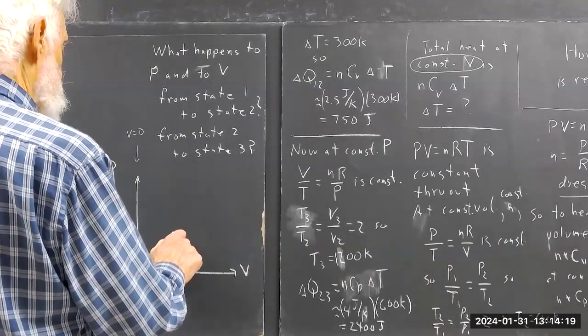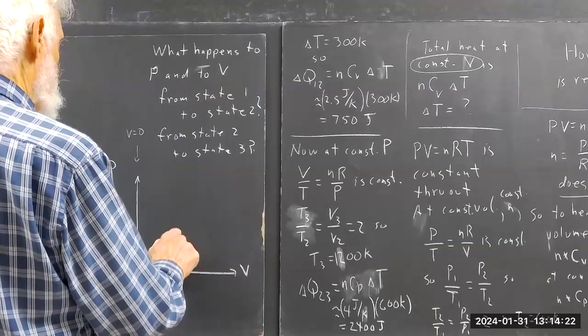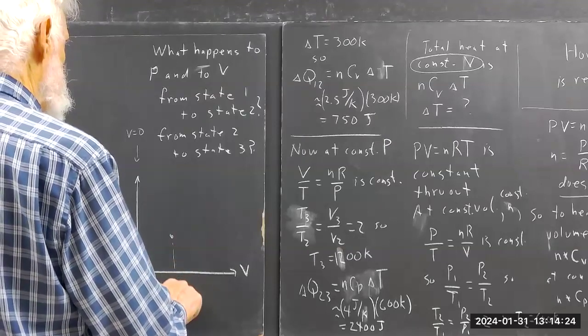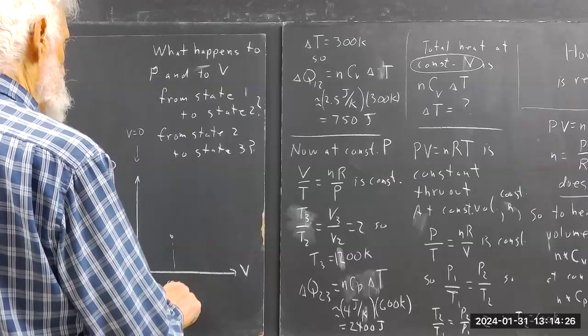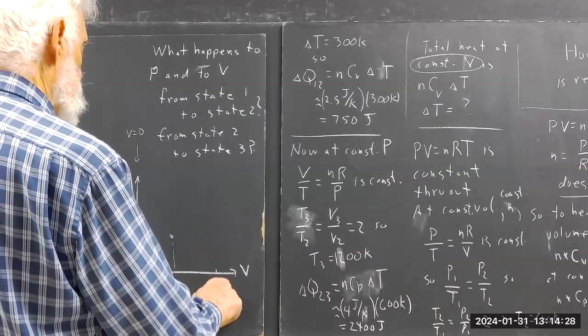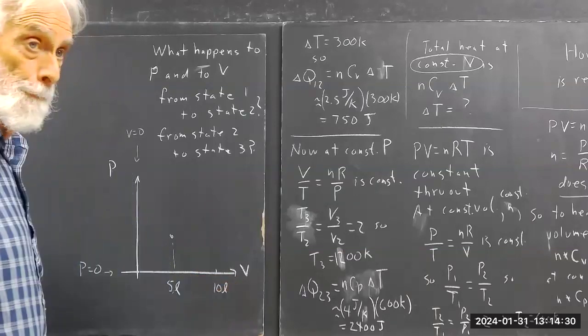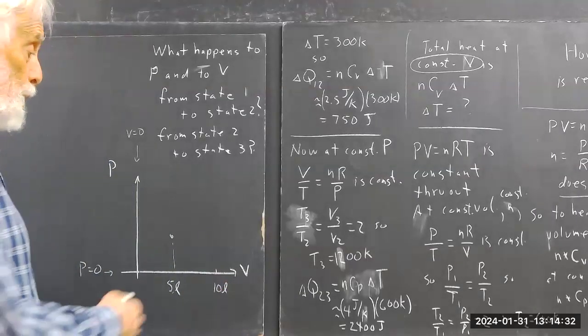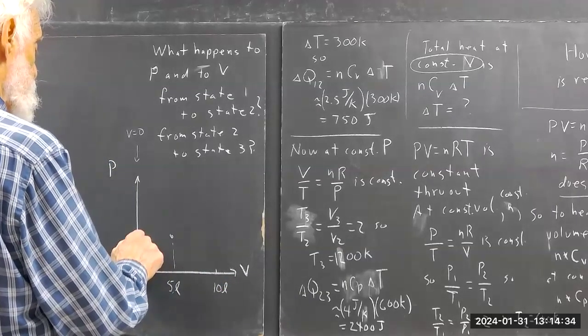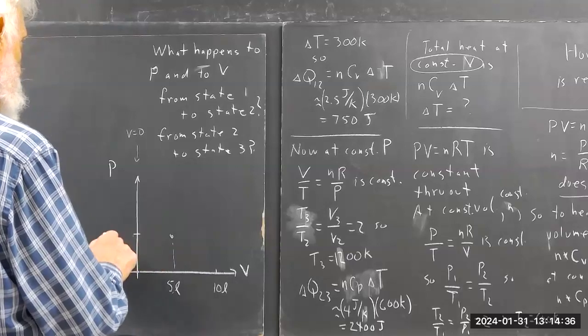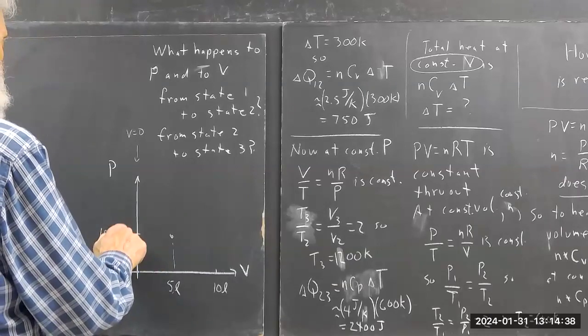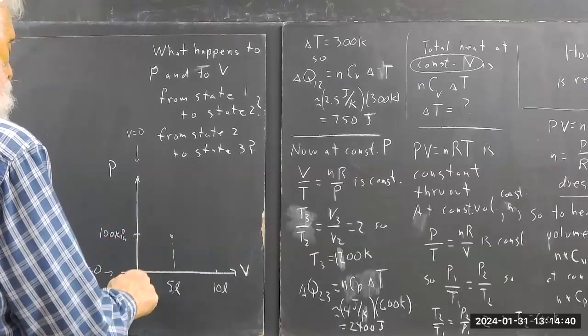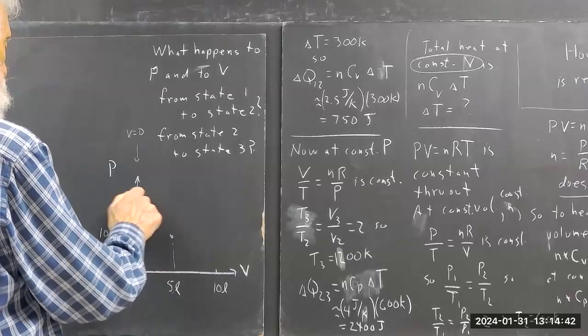We put our 5 liters in here, so we've got room to put 10 liters out here. It'd be a way to scale the graph. And our pressure is at 100 kilopascals, and it's going to double to 200.